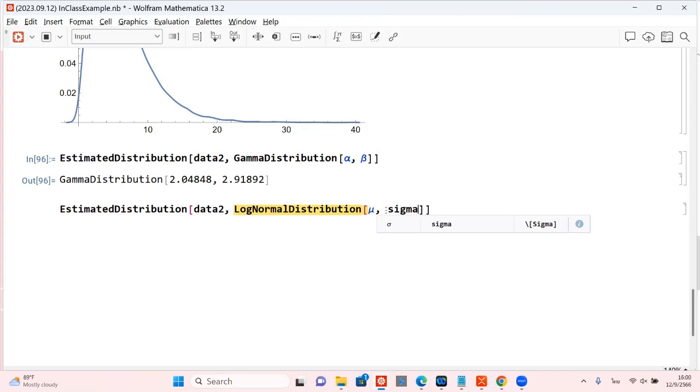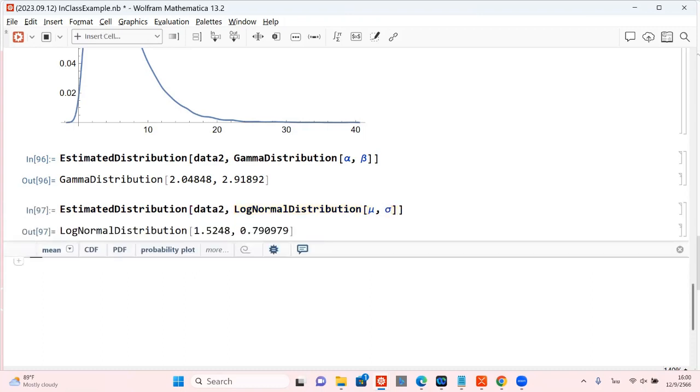Doesn't matter because it's just going to give the value anyway. So this is what I mean by statistical fitting. The best gamma fit is given by 2.04 and 2.91. The best by log normal distribution is this. They're not that different.